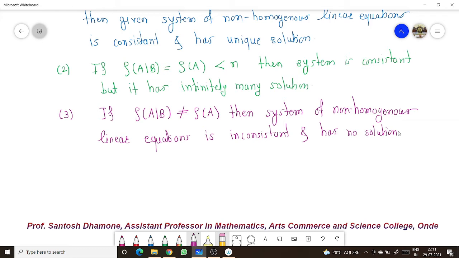The coefficient of x in the first, second and third equations is 1. The second column is the coefficient of y: 1, 2 and 4. The third column is the coefficient of z: 1, 4 and 10. This is the coefficient matrix.